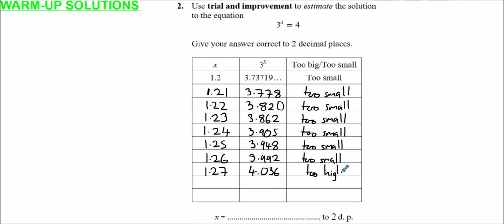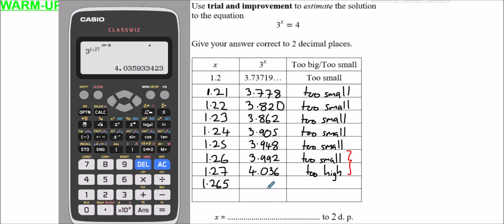Now I've got a change of sign between these two values. What we need to do is try halfway between 1.26 and 1.27, and this will be our final trial. If this is too high, then 1.26 is our solution. If this is too low, 1.27 will be our solution. So this here is the acid test. This is going to tell us if it's 1.26 or 1.27. 3 to the power 1.265 gives us a value which is too high.